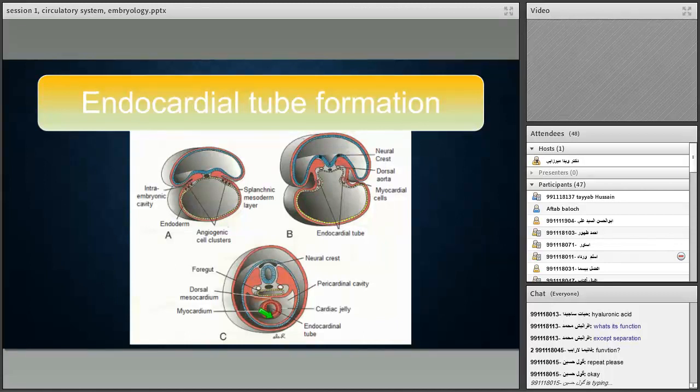The outer layer, the epicardium, is responsible for the formation of the coronary arteries. It's so important. The proepicardial cells from the caudal side of the dorsal mesocardium are proliferating and forming epicardium. These epicardial cells are also responsible for forming the coronary vessels on the outer side of the heart. Okay? Understood?